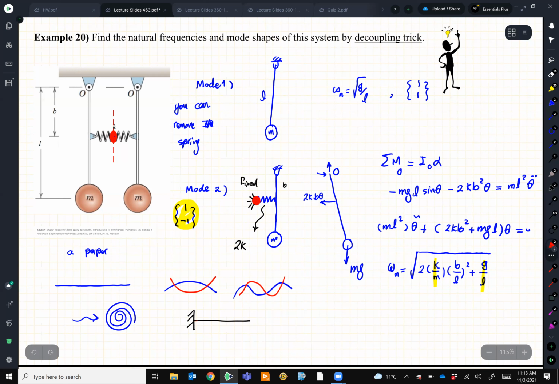Probably you would say it likes to move up and down like that. That makes sense. Or you may say, well, it may do that, right? That's another way. And the opposite, of course, is going to be that. So it's going to vibrate like that.